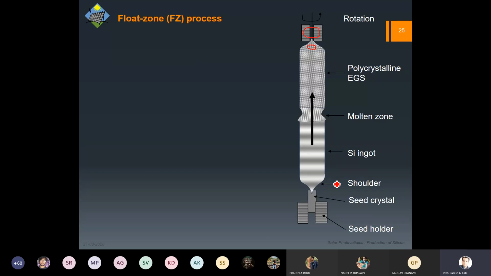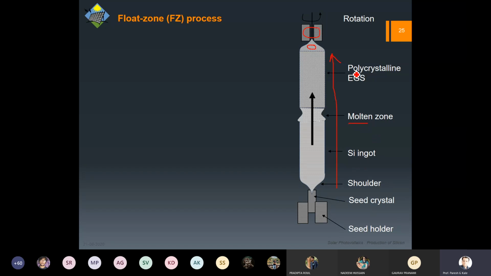Now the only point is that instead of heating the whole polycrystalline silicon in a crucible, to avoid all those impurities, you move a zone of melting through the silicon.